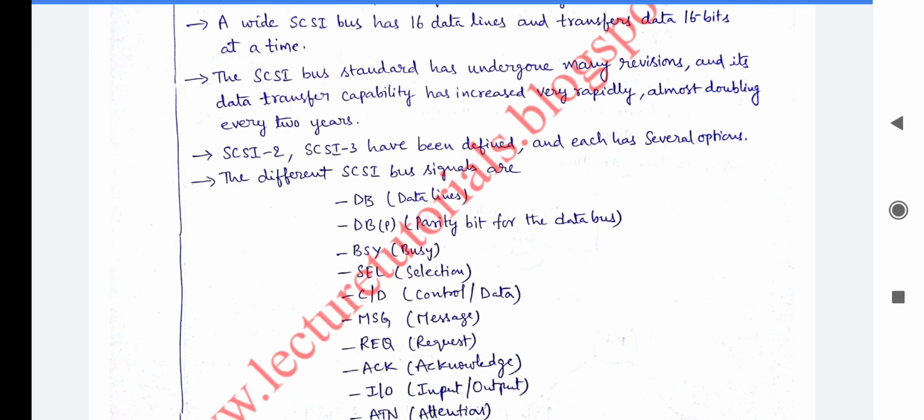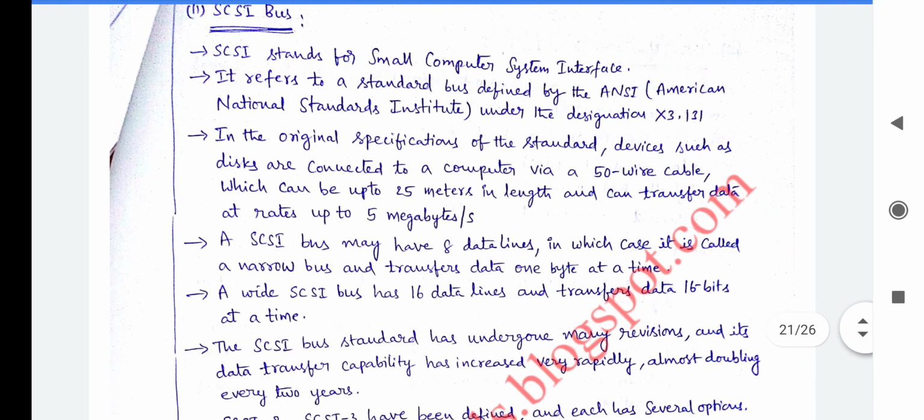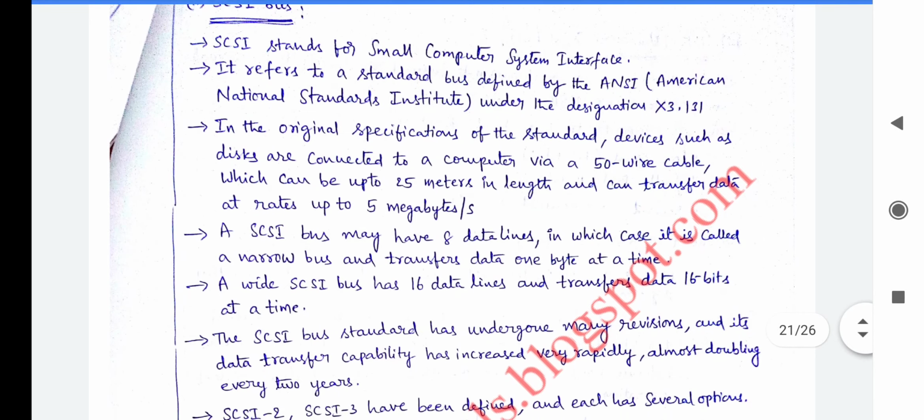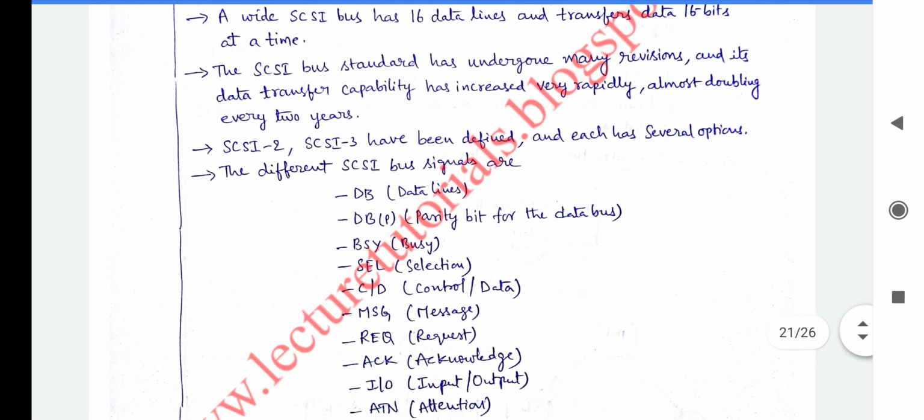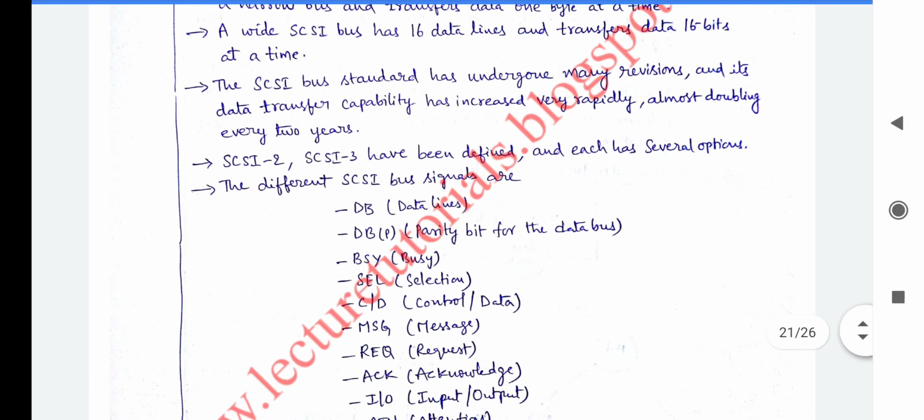These are the different types of signals used for the SCSI bus.